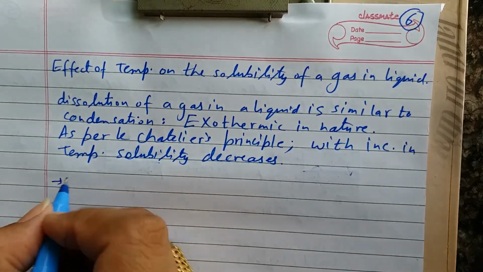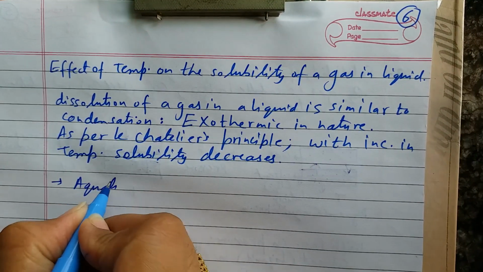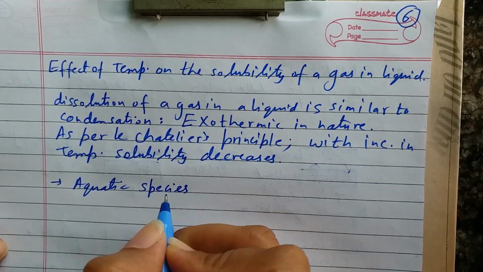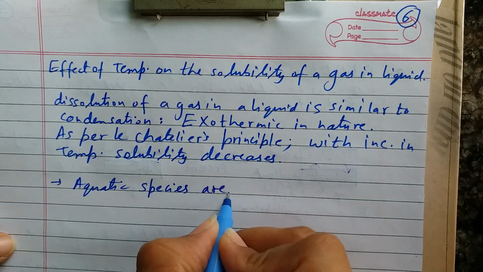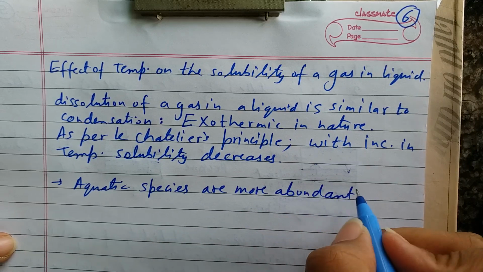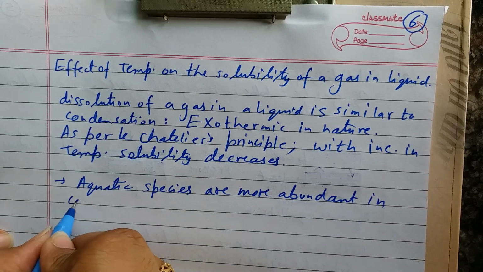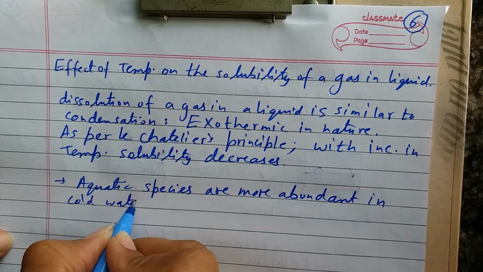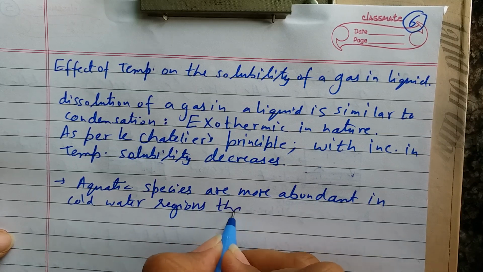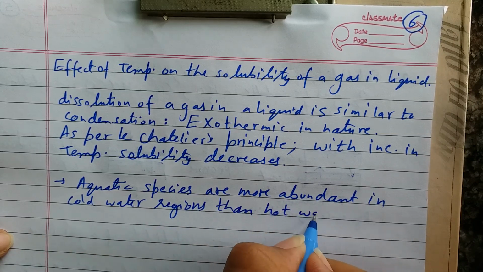And this is the reason why the aquatic species, it can be the plants or the animals, are more abundant in cold water regions than in hot water.